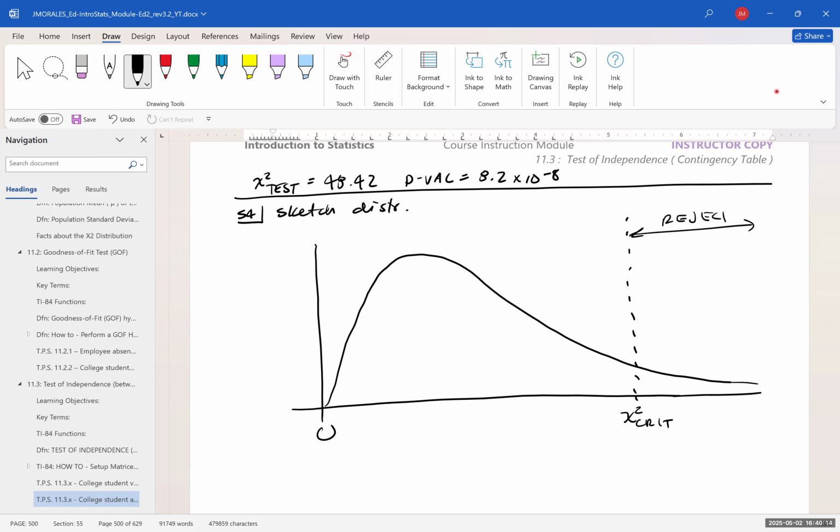The region over the tail is the reject the null. Over the confidence level, that's fail to reject. The area adjacent to the critical value is our significance level. And now let's calculate our critical value.